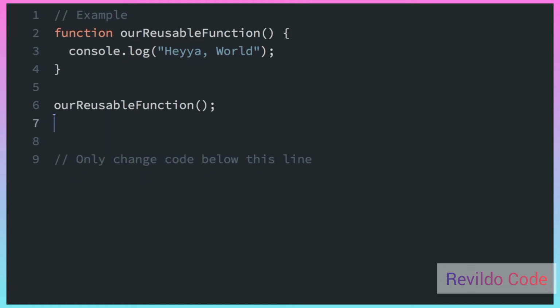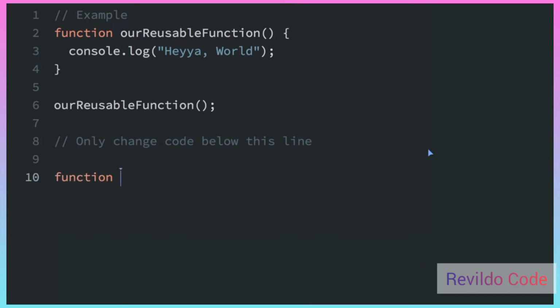So now I'm going to create my own function that's going to be very similar. So we'll do function reusable function. And this time it's going to say something slightly different.